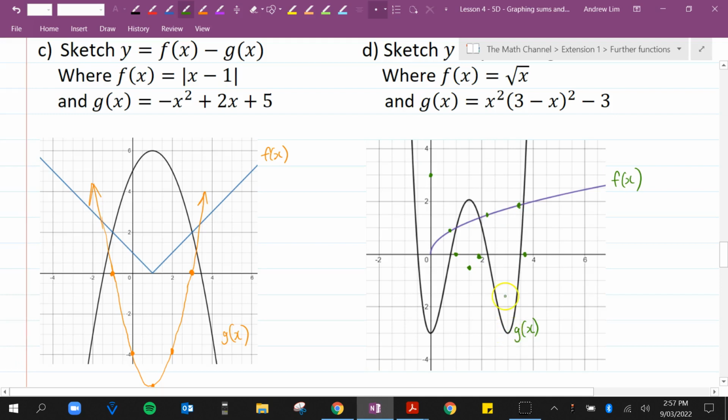So that'll be 4.75. So it'll probably be about here. Alright, that might be enough. So it seems to me that it's going to look something like this. Something like that.